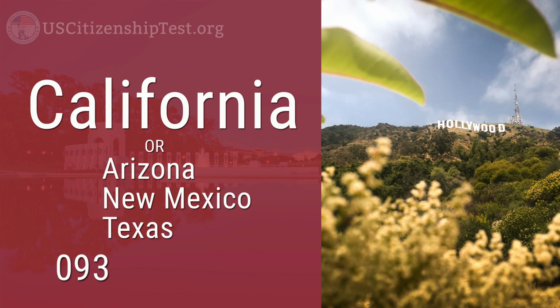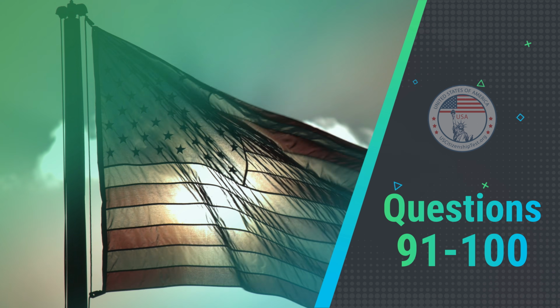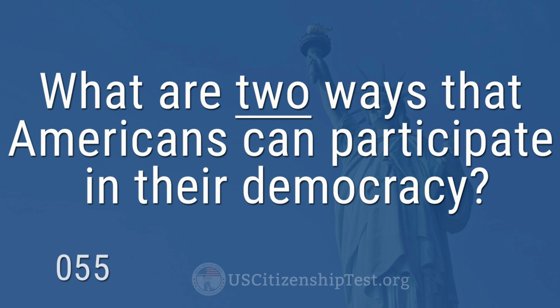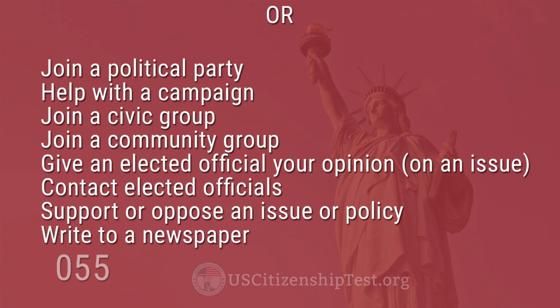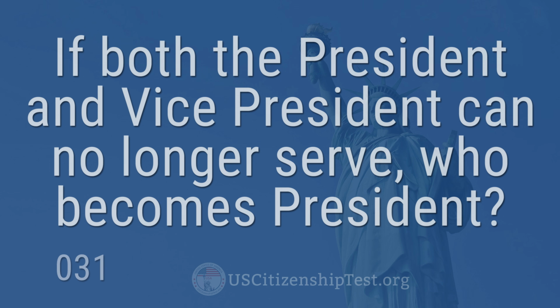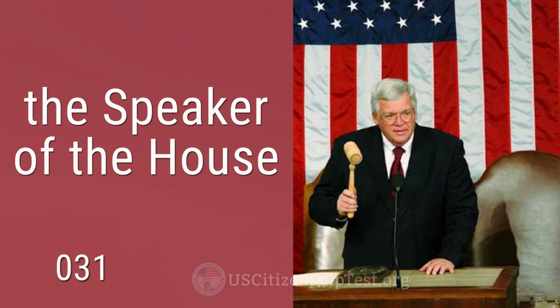California. What are 2 ways that Americans can participate in their democracy? Vote, run for office. If both the president and the vice president can no longer serve, who becomes president? The Speaker of the House.